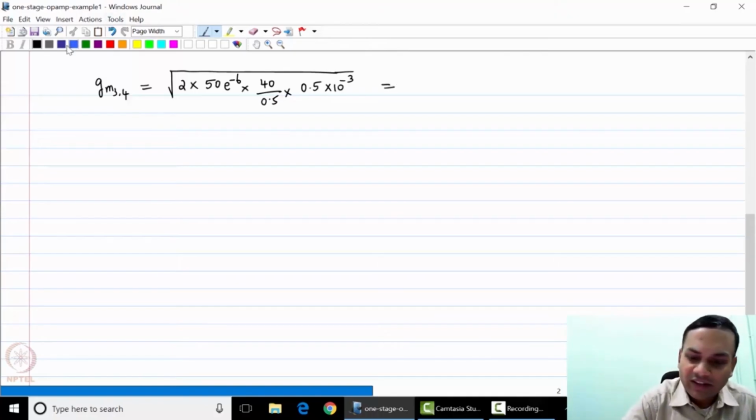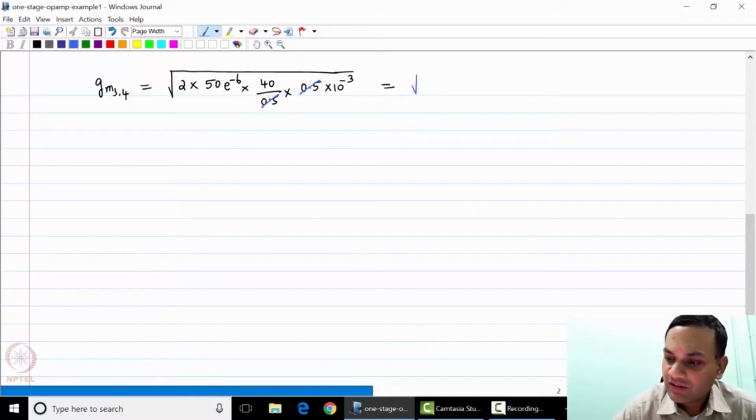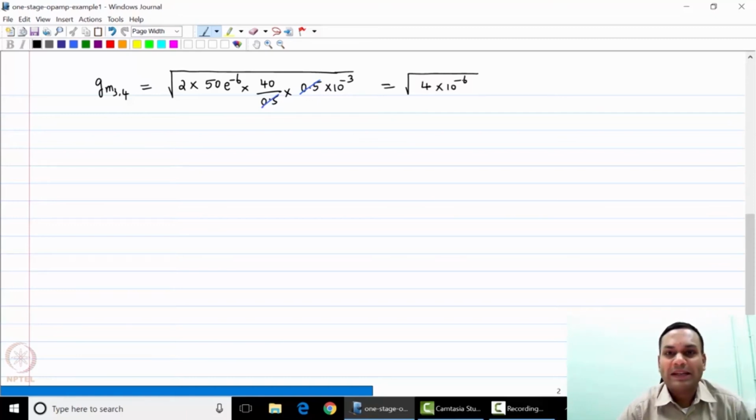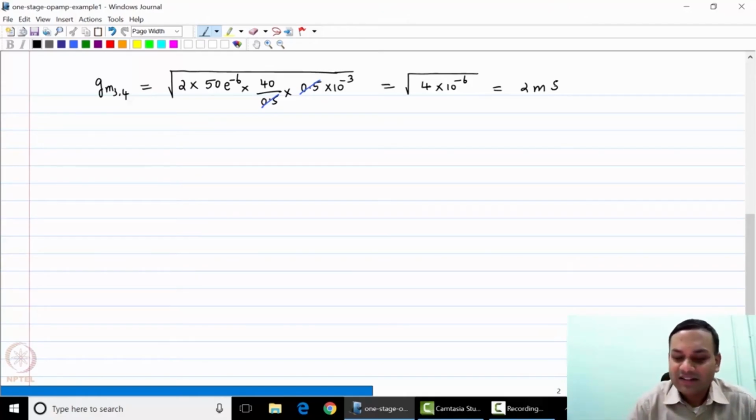And this is clearly, the 0.5 and 0.5 get cancelled, so this is root of 4 into 10 power minus 6. So this is also 2 millisiemens. Once we know these two numbers, we know the transconductance of the devices.